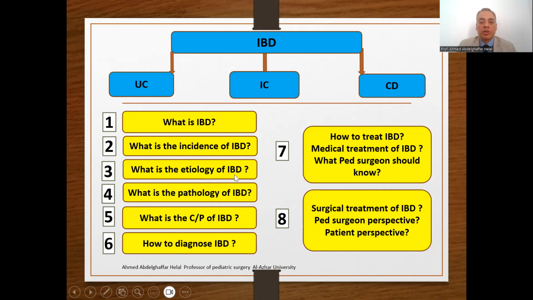And what is the etiology? What is the pathology? What is the clinical presentation, and how to diagnose, how to treat, medical treatment. We will speak about what the pediatric surgeon should know about medical treatment and surgical treatment of inflammatory bowel disease. We will speak about the pediatric surgeon perspective and the patient perspective or point of view.